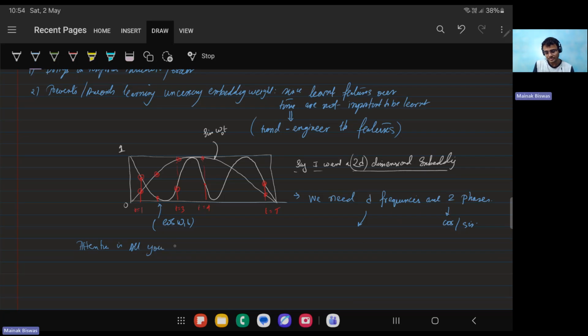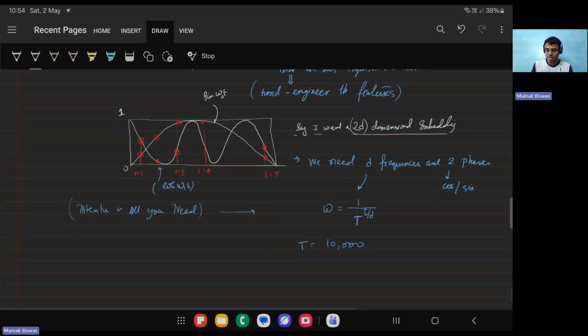Vaswani et al., is that you often end up choosing omega as 1 by T to the power i by d, where T is 10,000. This is an arbitrary choice taken because you generally want these variabilities to be small enough. And I'll show you why this is important.